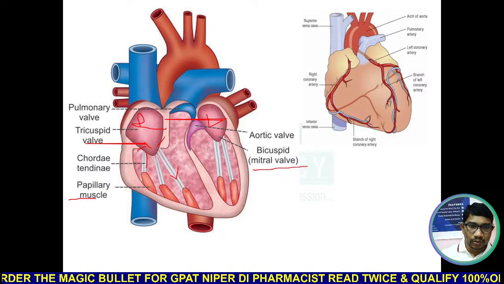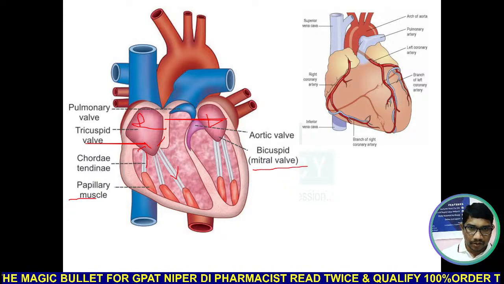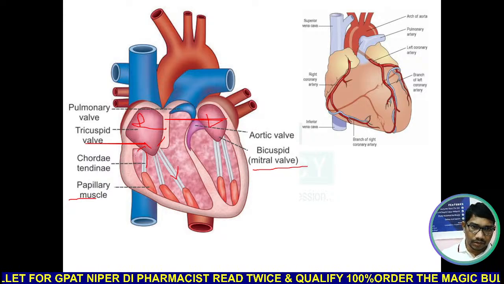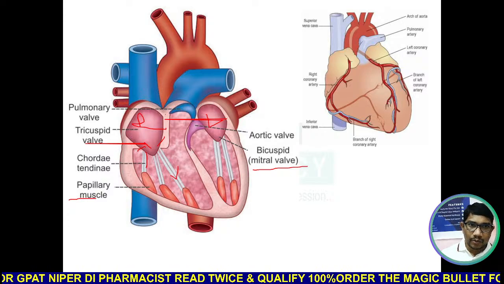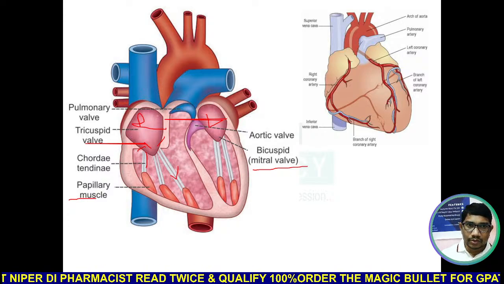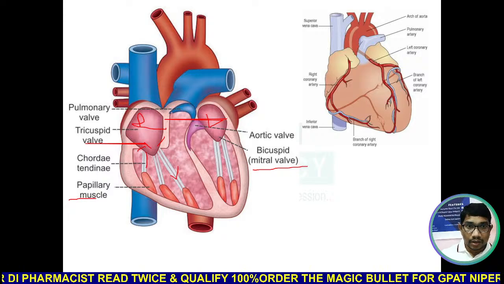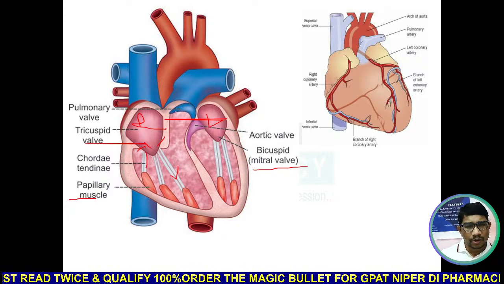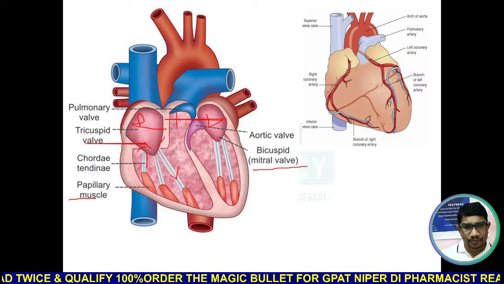Why is the first called tricuspid? There are 3 cusps, there are 3 flaps. Here bicuspid means 2 flaps. Right? And in the aorta you have the aortic semilunar valve. In the pulmonary artery you have the pulmonary semilunar valve.